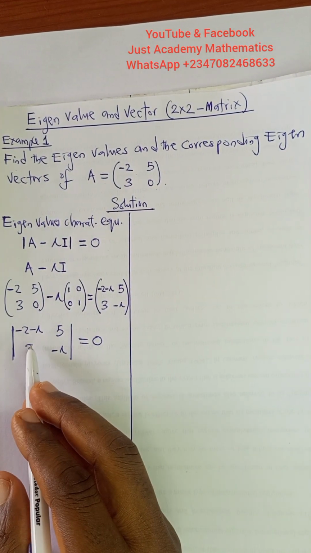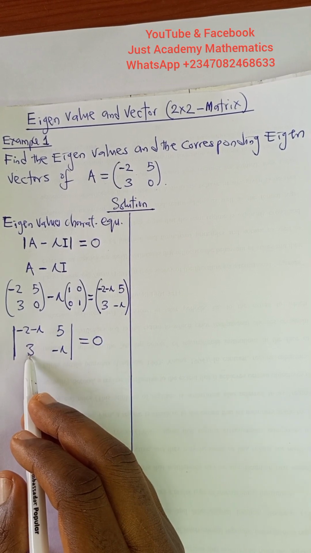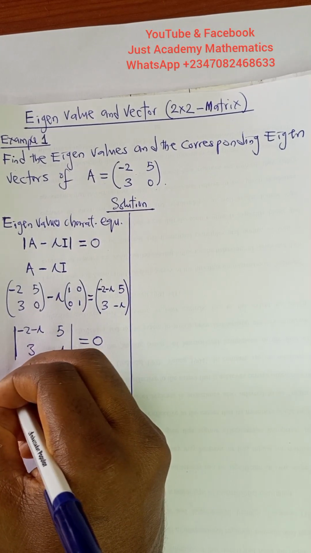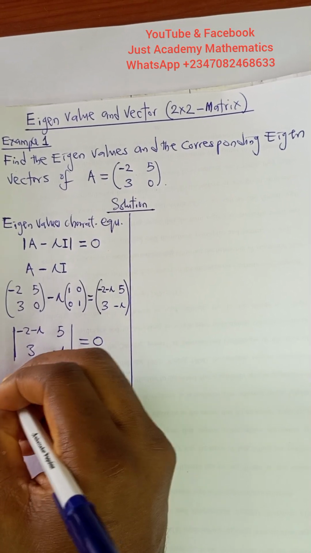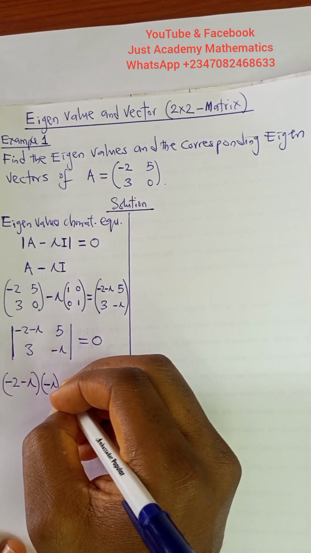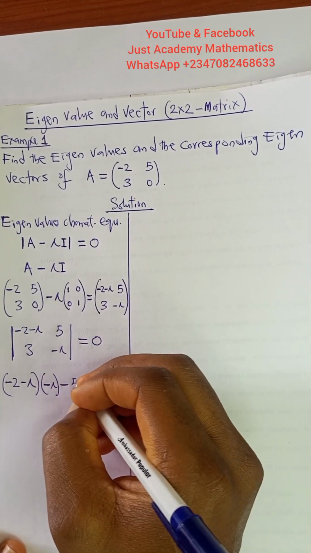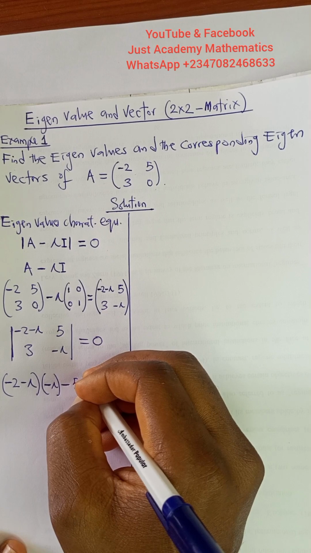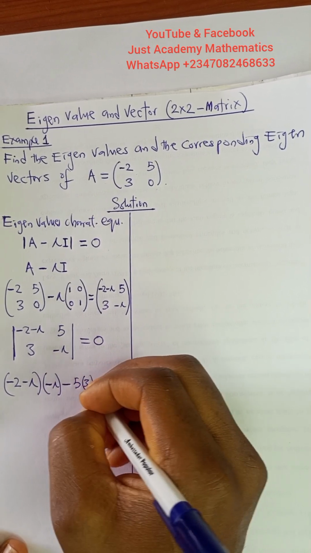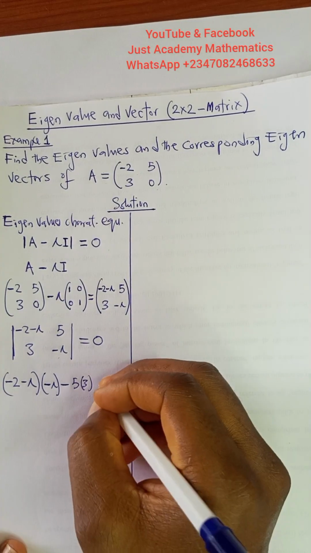Of course, you know that determinant is this times this, minus this times this. So I have -2 minus lambda times minus lambda, minus 5 times 3.